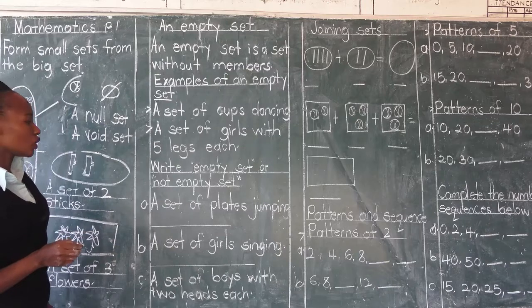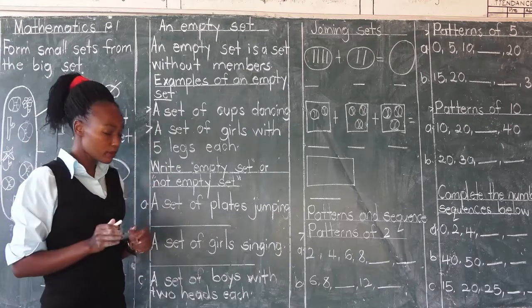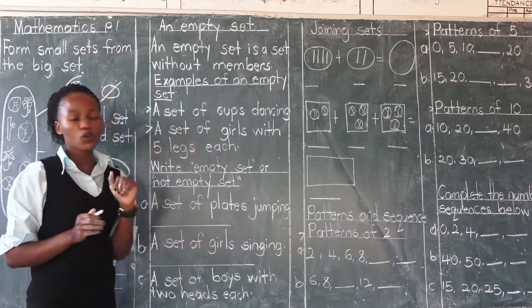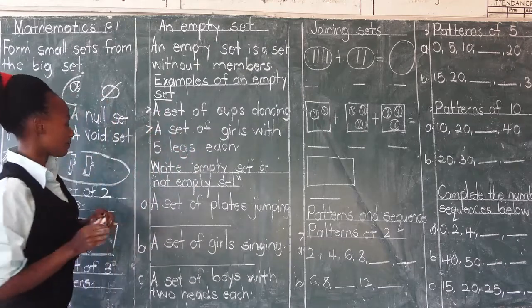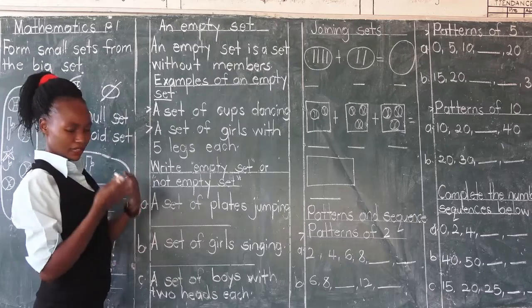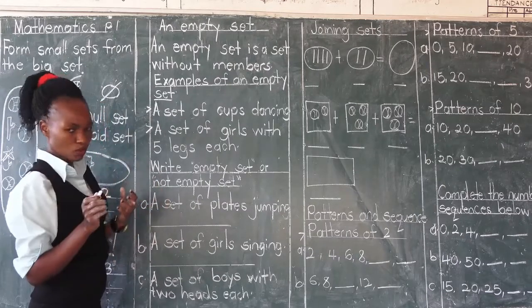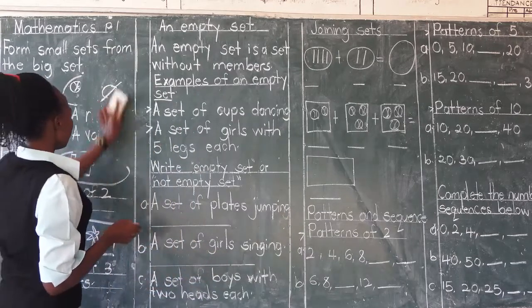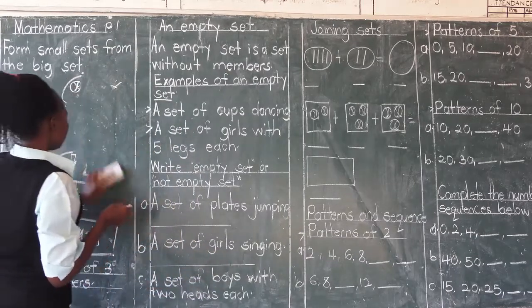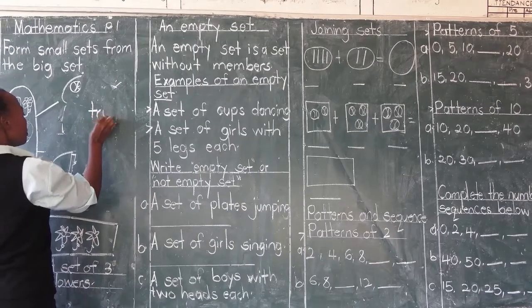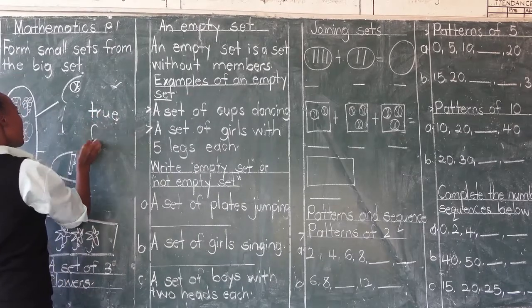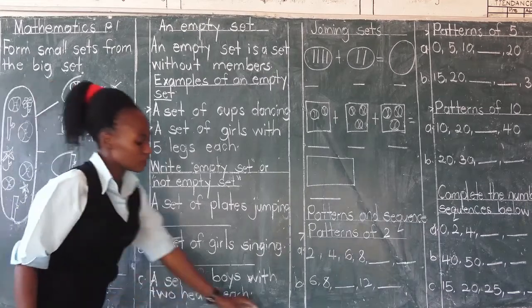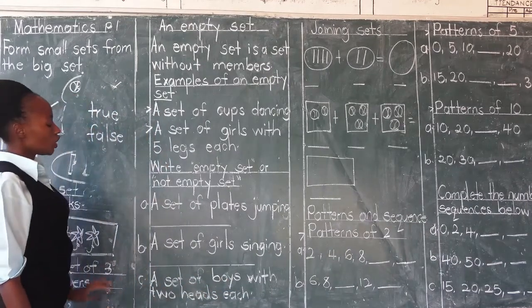Still, like in your activity there in your books, they told you to write true or false. That's what they told you to use even in your activity, in your books there.